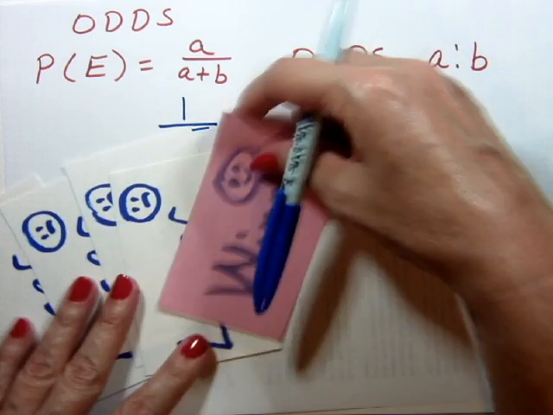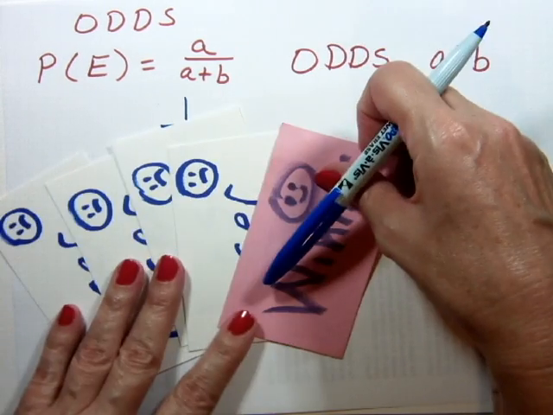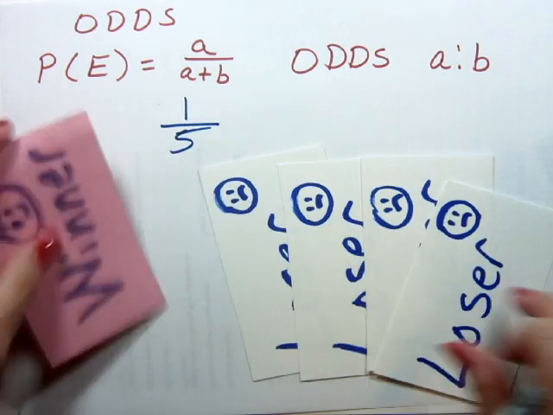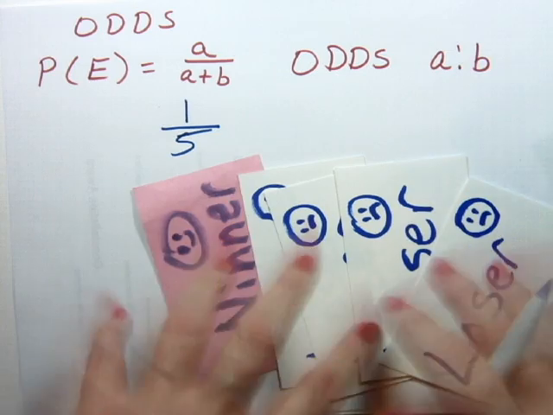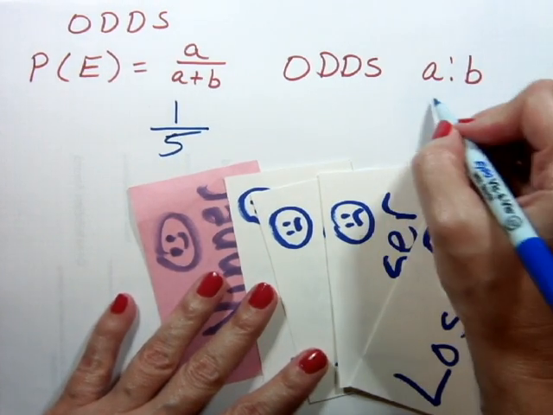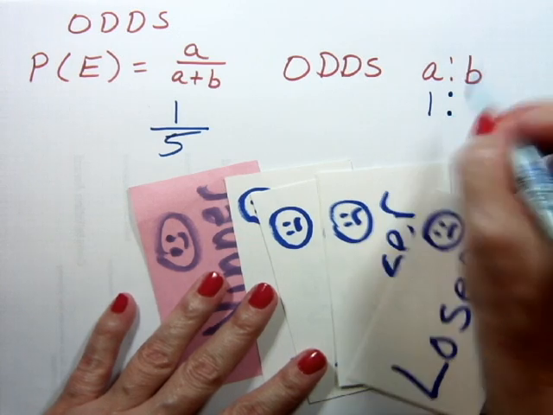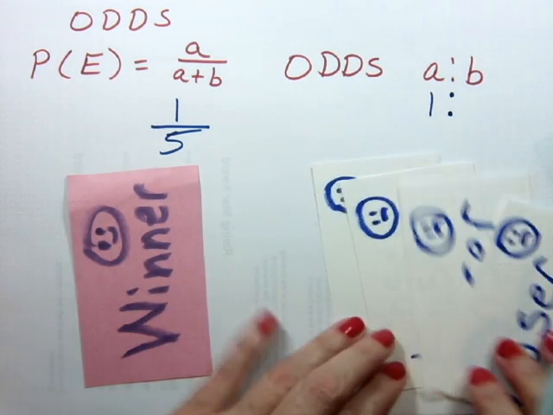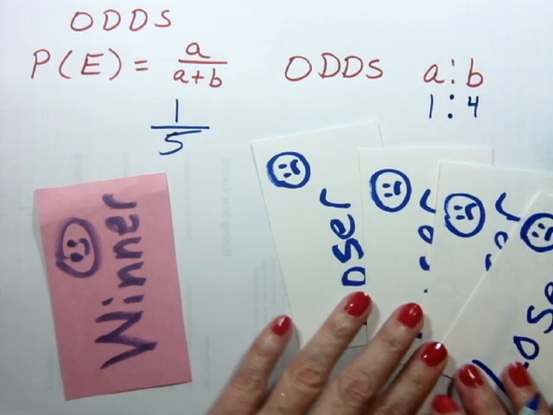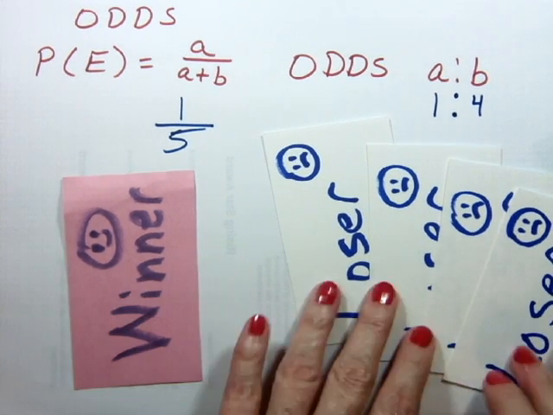That would be the probability of you winning this lottery. Now, the odds of you winning this lottery, I'm going to throw these tickets again in a hat. The odds are how many ways can you get what you want to how many ways can you not get what you want. So your odds of winning are 1 to 4.